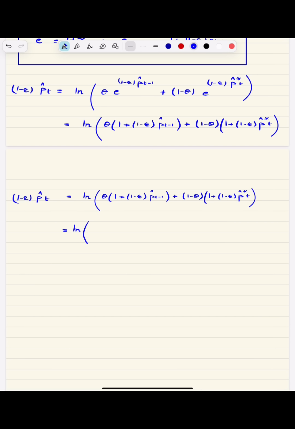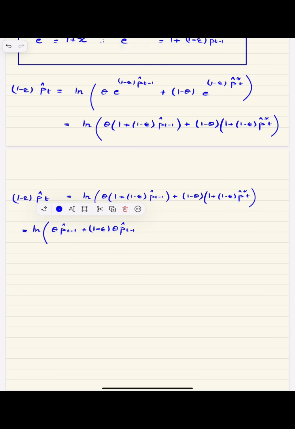I'll get a theta, and 1 plus 1 minus epsilon into theta p-hat_{t-1}. Plus 1 plus 1 minus epsilon p-hat star_t, and then a minus theta.